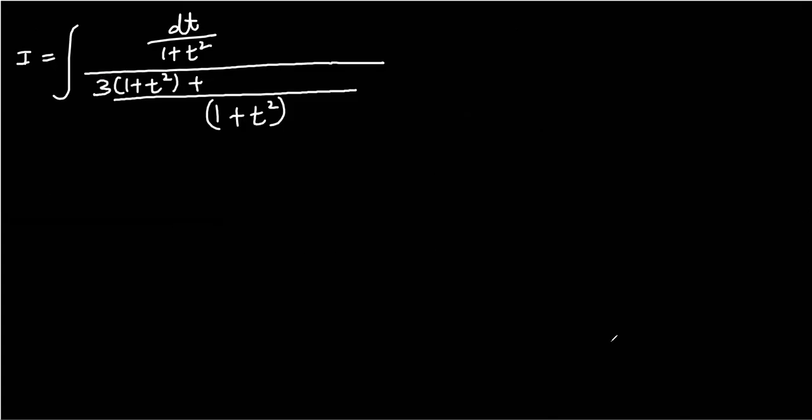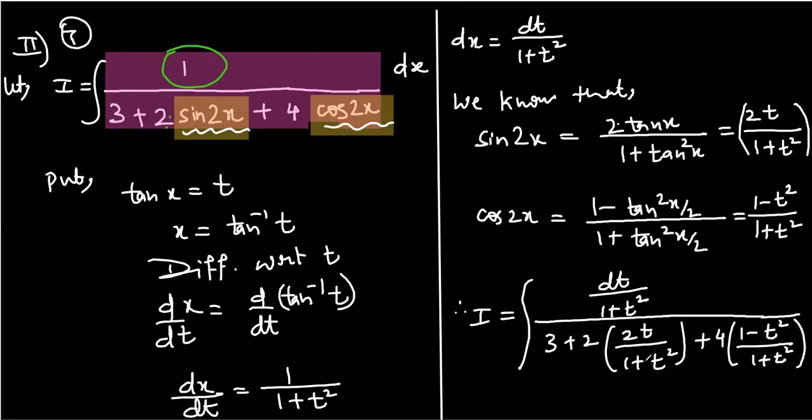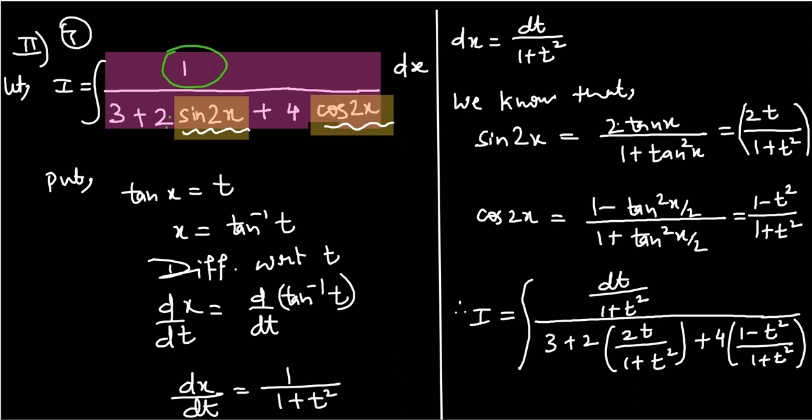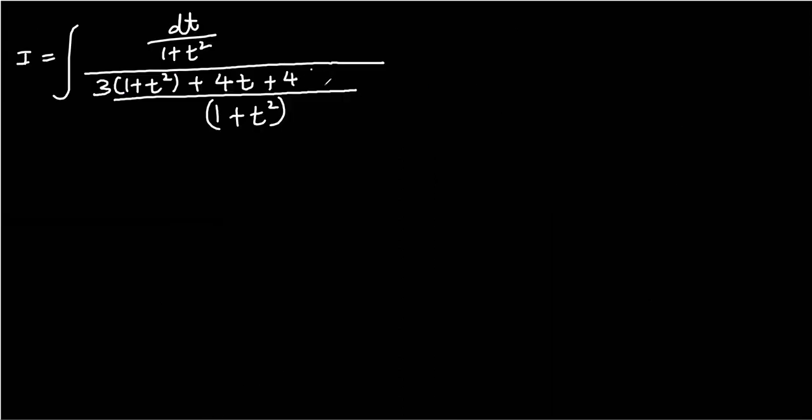In the second term, 1 plus t square is there in the denominator, so you get 2 multiplied by 2t, only 4t, plus 4 times 1 minus t square. And now this 1 plus t square cancels.